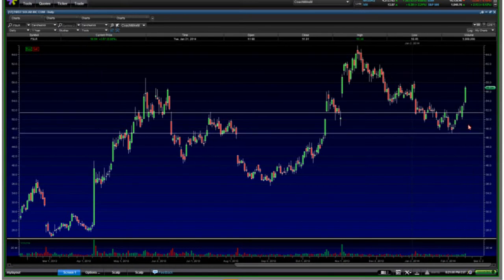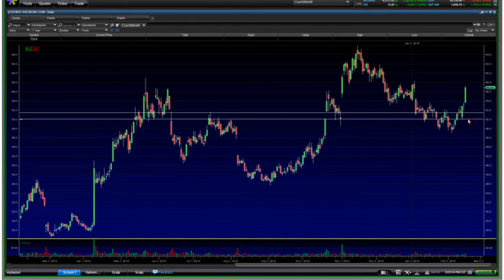Let's assume this one did pull back and make a higher low. I would want to be able to move this line up somewhere, right? Because if it pulls back, makes a higher low, the higher low is not truly confirmed until what happens? A higher high is made.